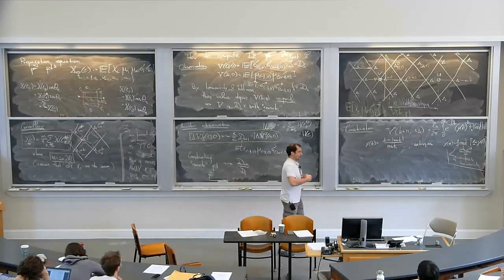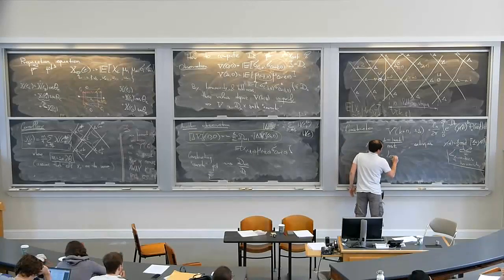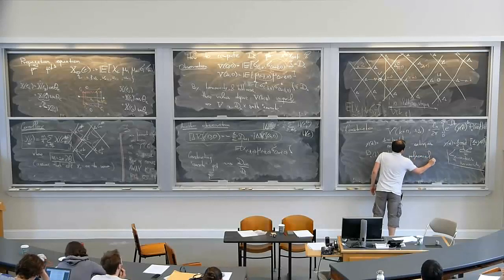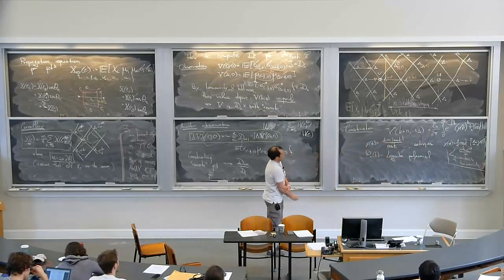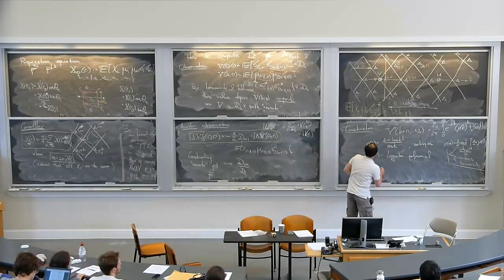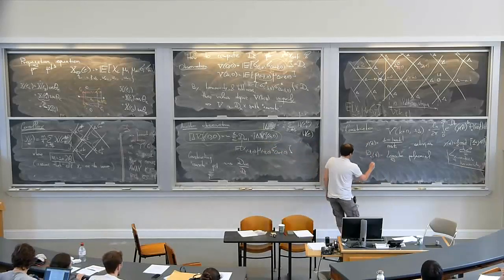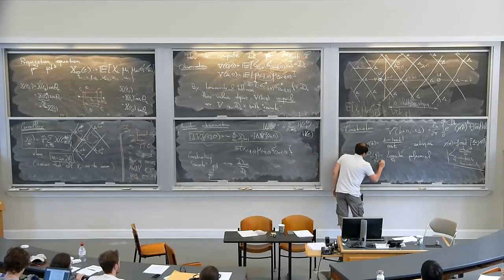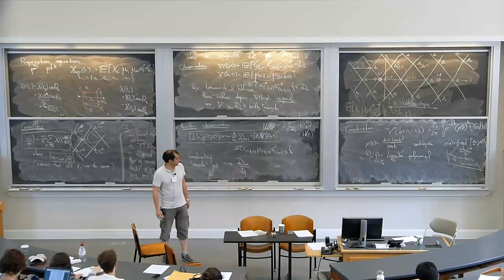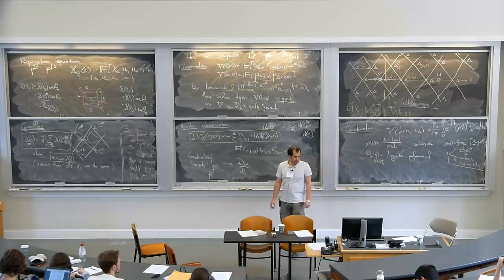This is the Legendre polynomial, Pn(x), with x from -1 to 1. This is an orthogonal polynomial of degree n with respect to the constant weight on this interval, on this segment.